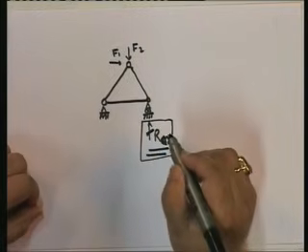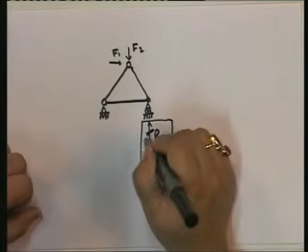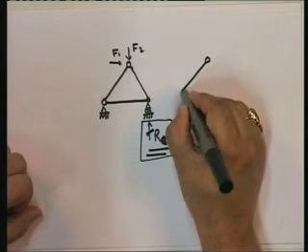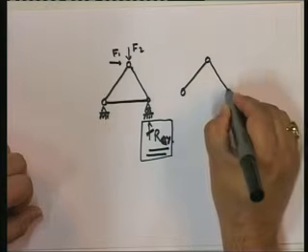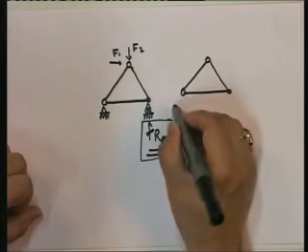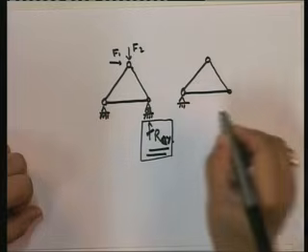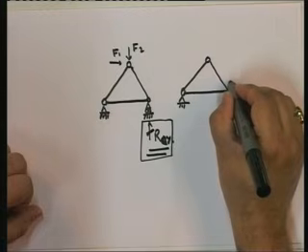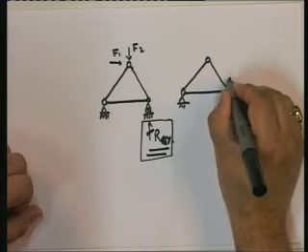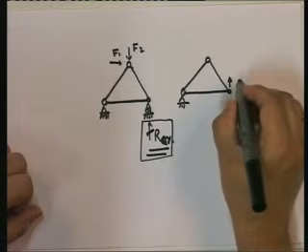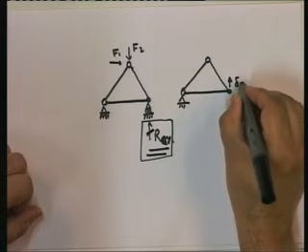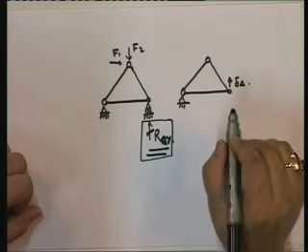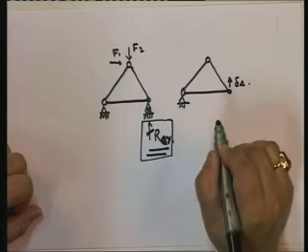So corresponding to the reaction that I want to find out, I release the restraint. Okay? And I give it a unit, or maybe not unit, forget it. Just give it some displacement, delta. Okay? In other words, let's be very clear about it.